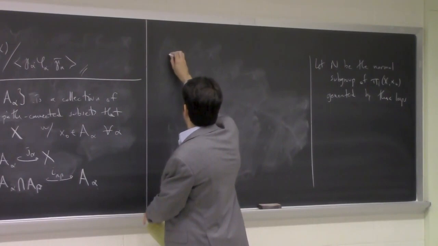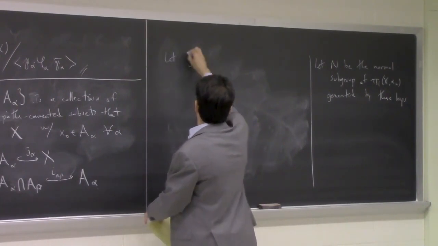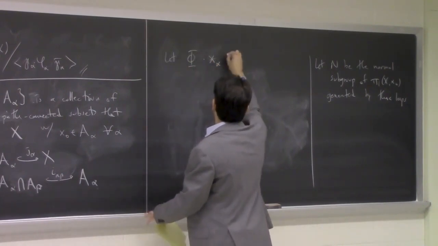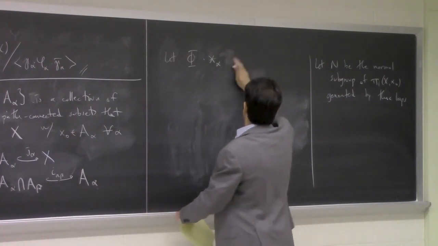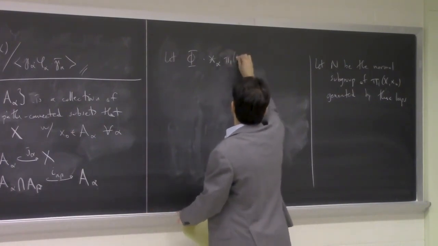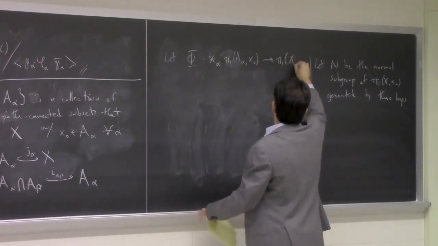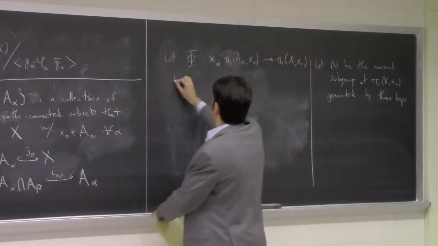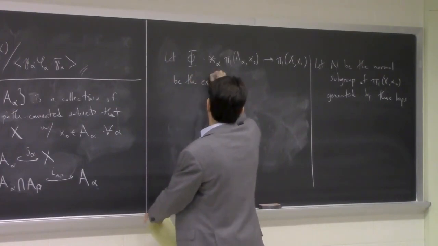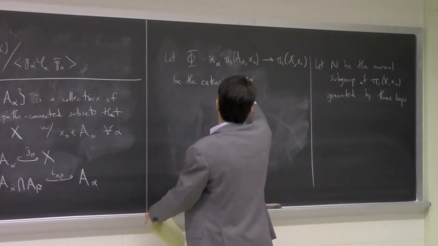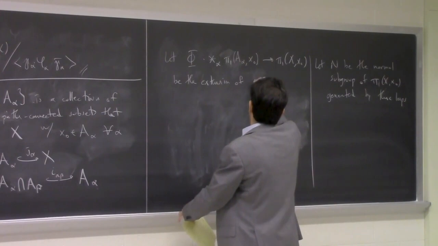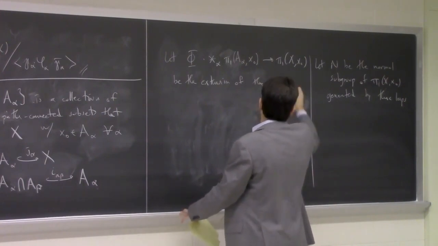Okay, so let phi go from the free product of all of the fundamental groups into the fundamental group of X. Let it be the extension of the J alpha star.